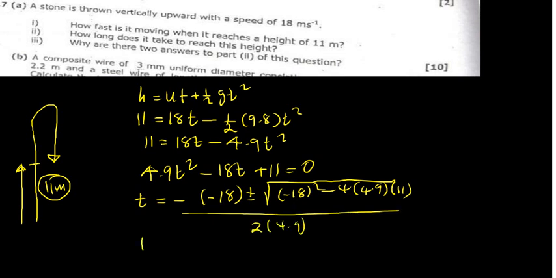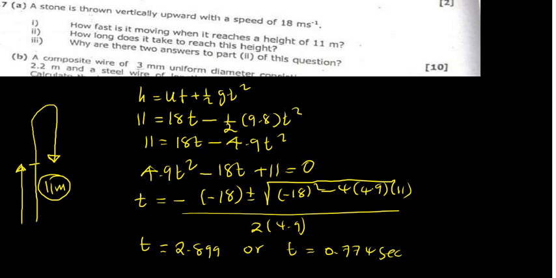So if we work this out, we're also going to find two answers. The first one is going to be 2.899 when we use a positive, and then when you use a negative here, t is going to give us 0.774 seconds. So these are the two times, 2.899 or 0.774.